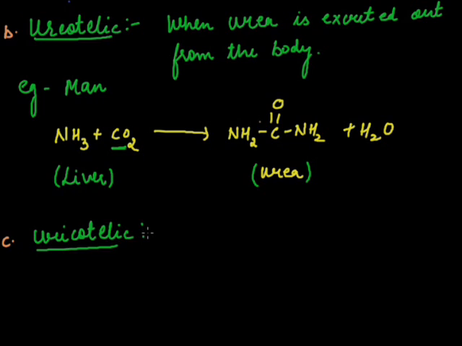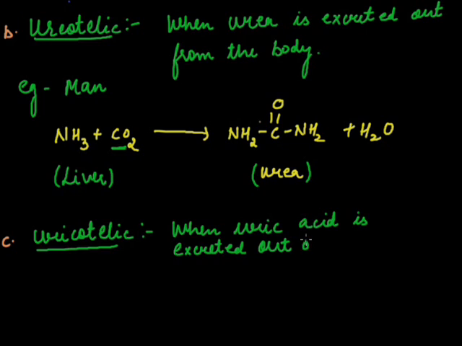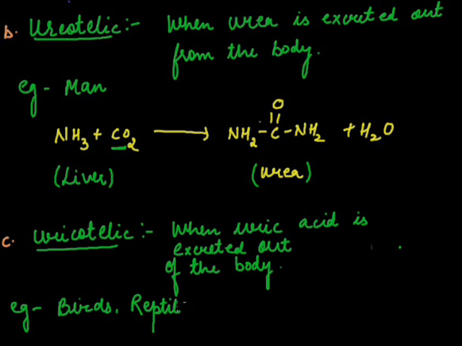uricotelism. What is uricotelism? When uric acid is excreted out of the body. The examples are birds and reptiles.